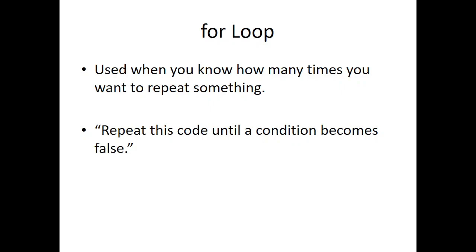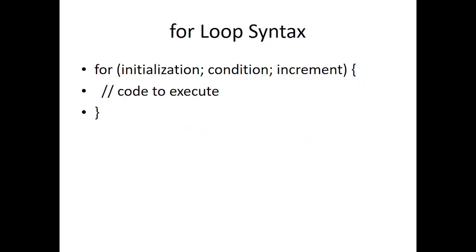So the basic syntax of a for loop is: for, initialization, condition, increment or decrement, then the code which needs to be executed. You need to write that there. Now I'll show you a simple example in VS Code.